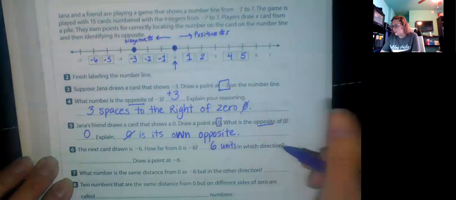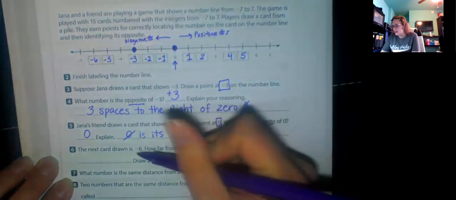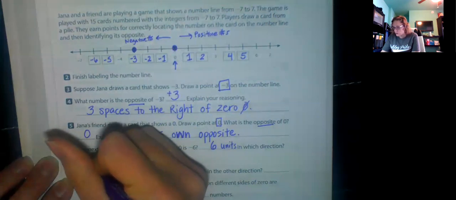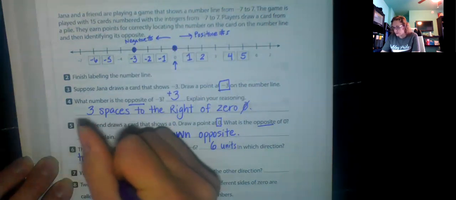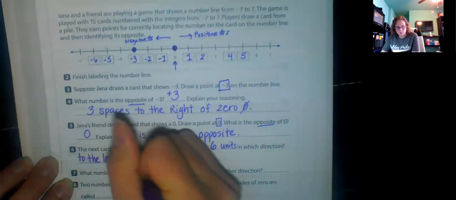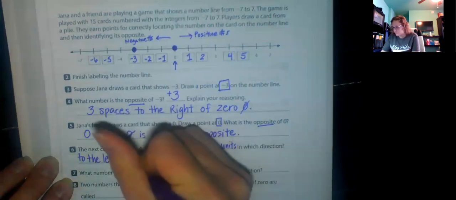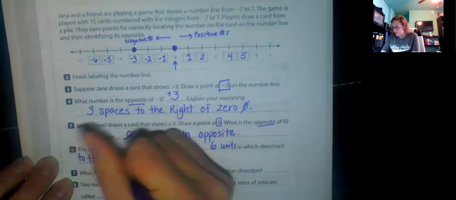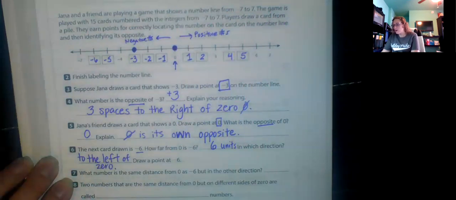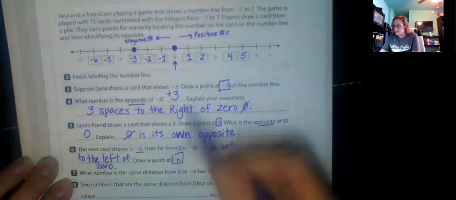Okay, and then it says in which direction? Well, because we went to -6, we went to the left of 0. And then it says draw a point at -6. So at -6, we're going to draw a dot.